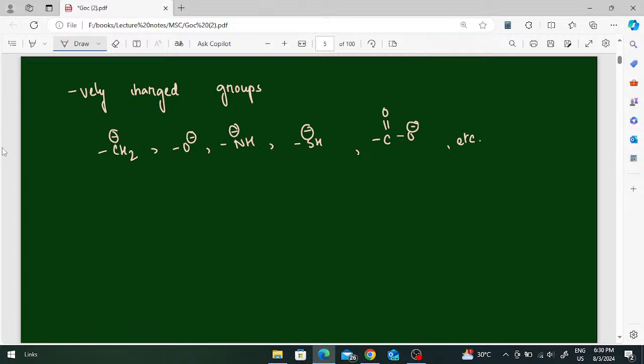Now let's talk about all the groups that are less electronegative. In less electronegative groups we have, say, MgBr, which is the Grignard reagent, SiMe3, Li, COLi.